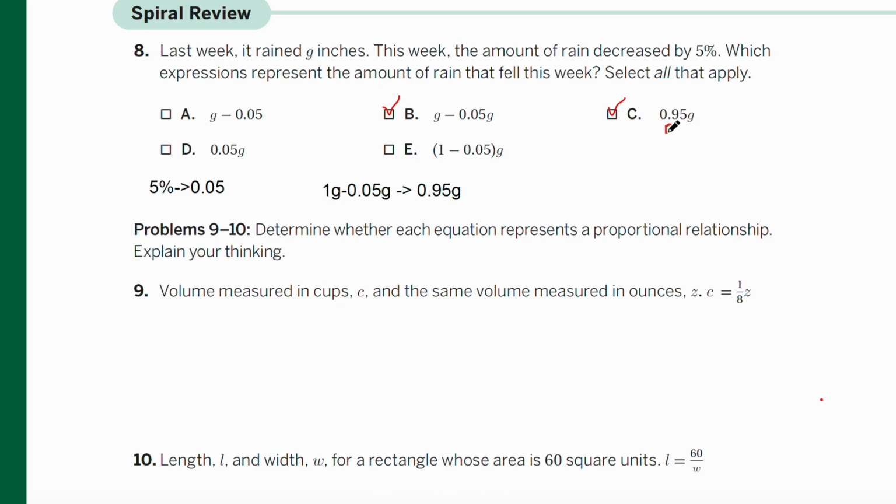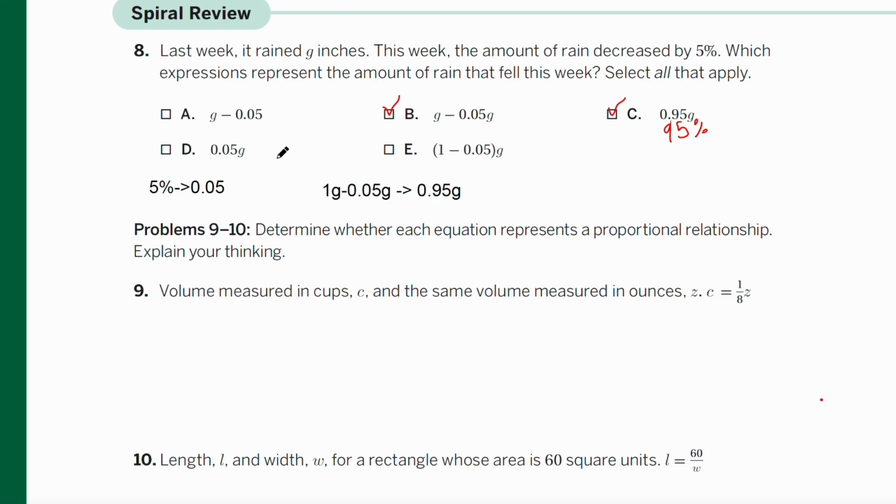This one means that it's 95% left, right? 0.95 is 95%. So that's why that one works. And let's see, D is just 0.05 G. Well, that's how much it's decreasing, but that's not all that we need for our expression.